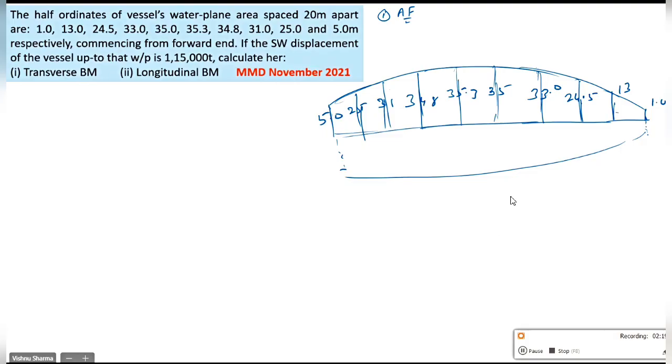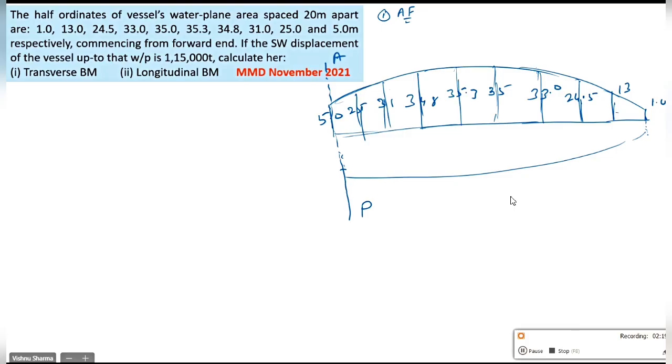So to get AF, what will I have to do? I'll have to work about the after perpendicular, which is parallel to FF. Why? Because I don't know where F is going to be. What I know is where the after perpendicular is. So I draw that athwartship axis at the after perpendicular, which will be parallel to FF, and I'll work about this axis.